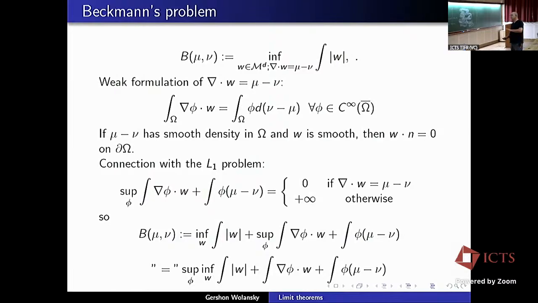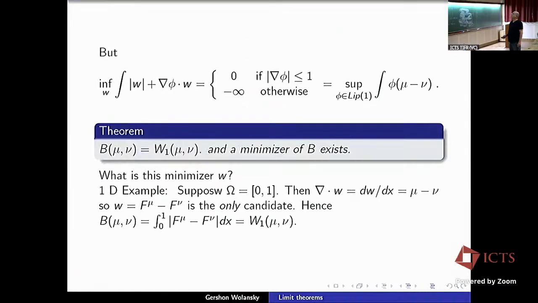Now, we formally switch the inf and the sup. We have inf and sup here. So we don't justify it now, but informally we switch it, and we get sup and then inf. But if you look at what is the infimum of W plus the gradient field of phi, this is just zero if the gradient of phi is smaller or equal to 1, and minus infinity otherwise.